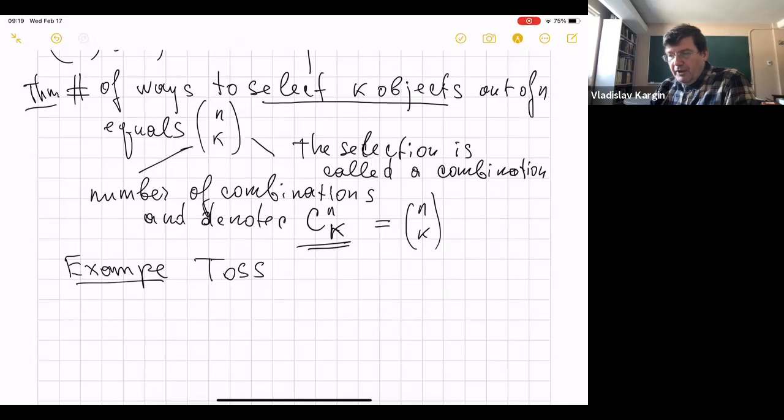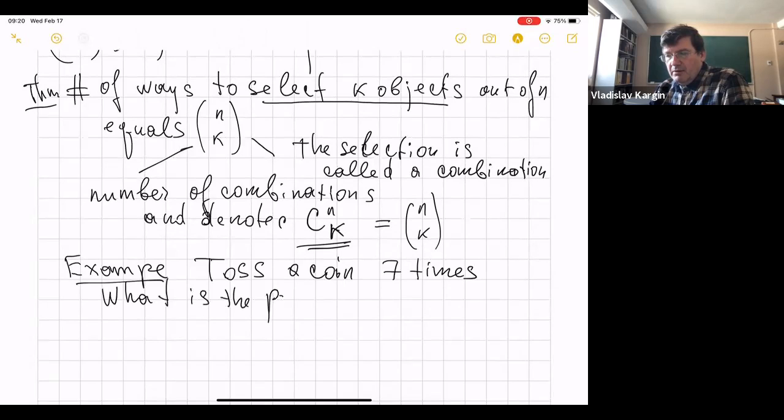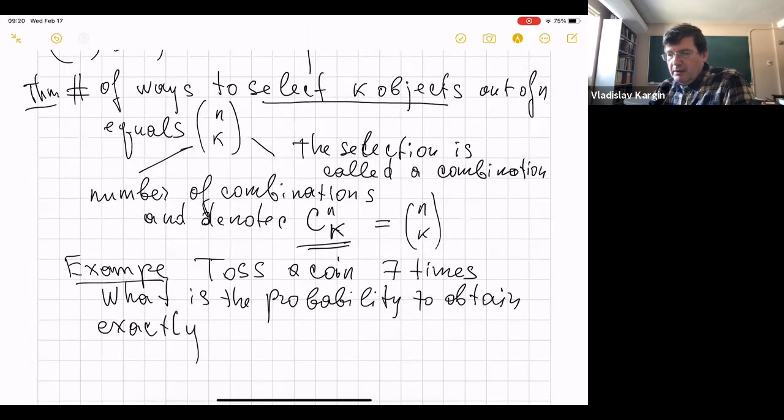Toss a coin, and let us say toss a coin 7 times. So it would not be so easy. So toss a coin 7 times. What is the probability to obtain exactly, say, 3 heads?